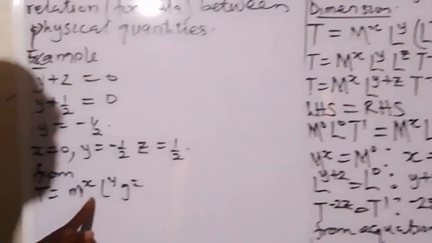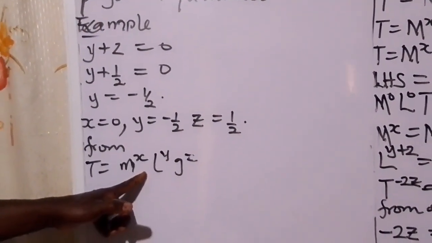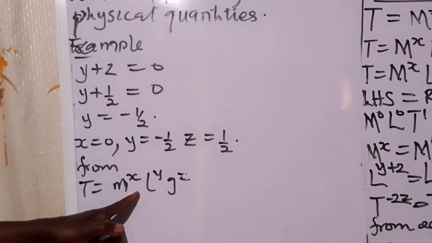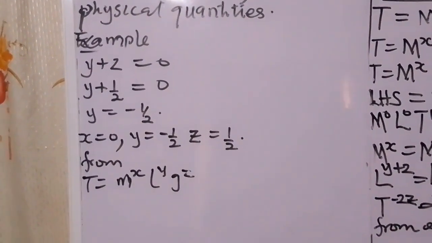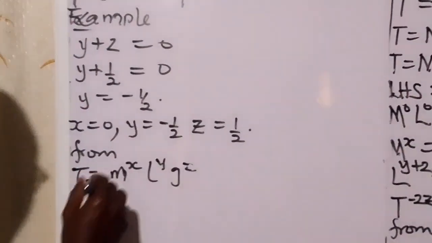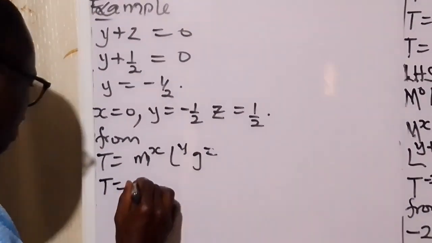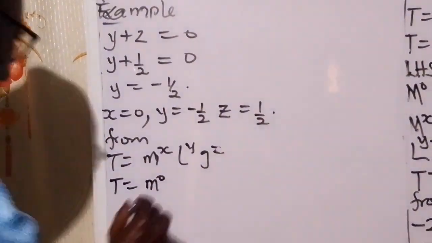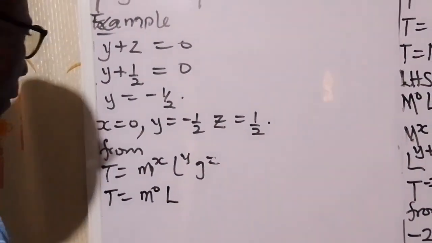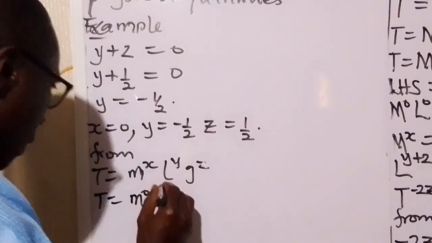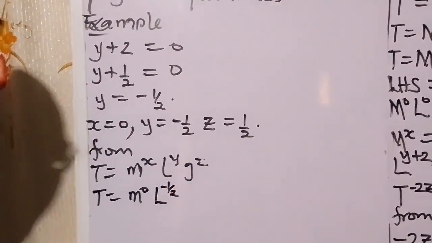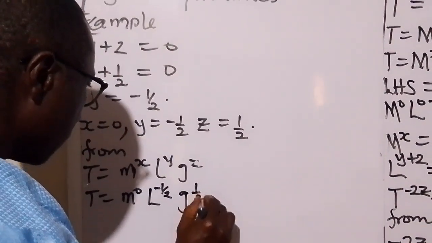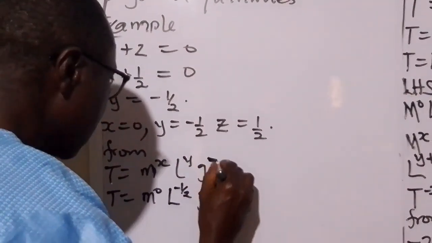Now, we return back to the original equation because we want to get the relationship between t, m, and l. So we can now say that t is equal to m raised to power 0 since s is equal to 0, L raised to power minus half since y is equal to minus half, and g raised to power half since our z is half.